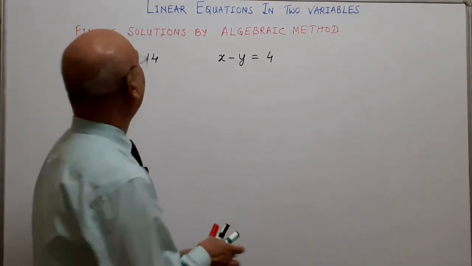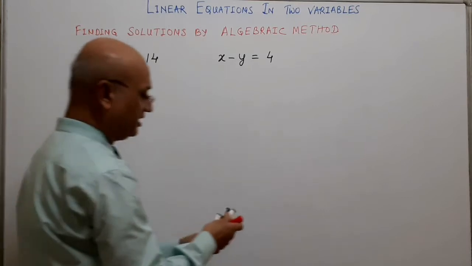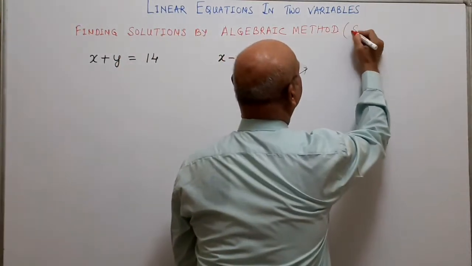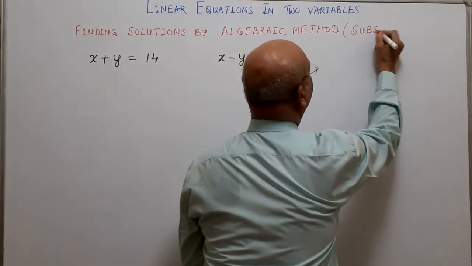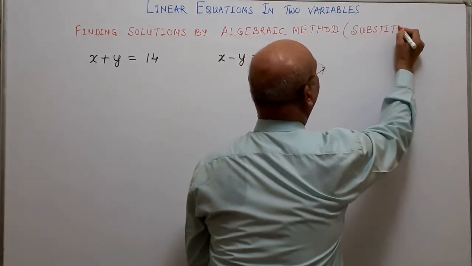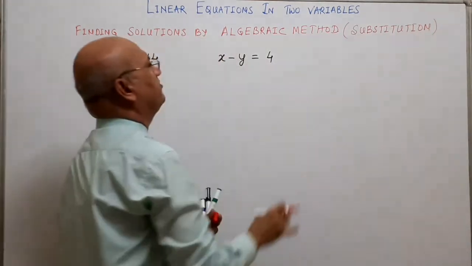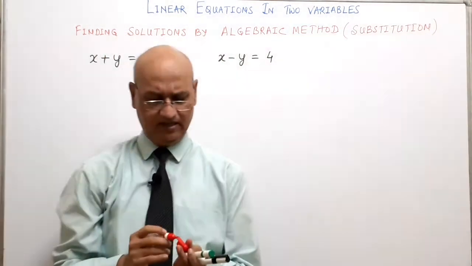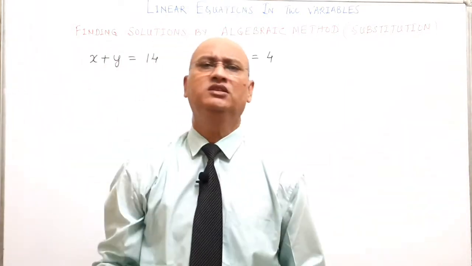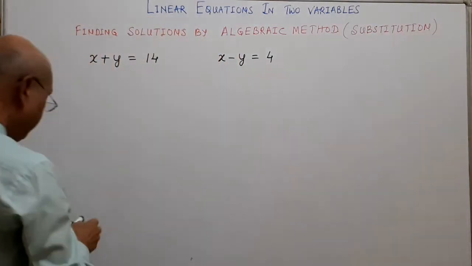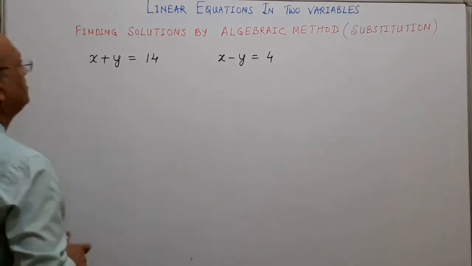I have written here finding solution by algebraic method. So in the bracket I am writing substitution. This is the name of the method, substitution method. Now what actually we do in this method, we are going to learn step by step. Now see, x plus y is equal to 14.